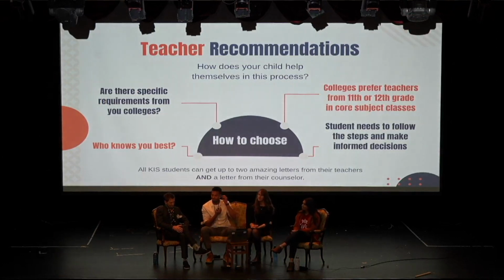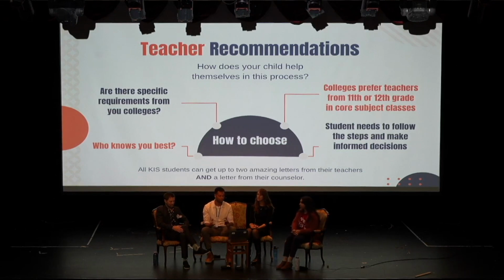So one of the important pieces of an application is the teacher letter of recommendation. I just want to talk a little bit about how your child goes about requesting those letters and what things to think about and consider when requesting letters of recommendation from teachers.